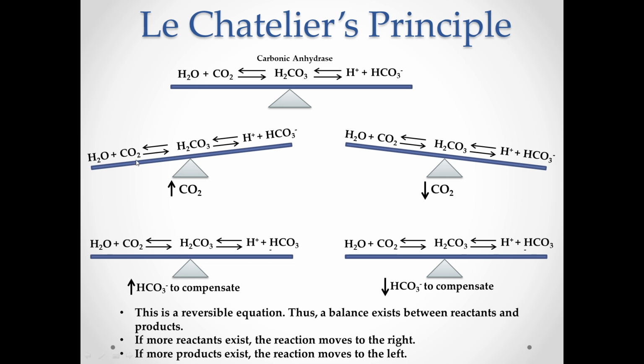And so the body's physiological response is to either increase or decrease the amount of CO2 within the system, or increase the amount of bicarb to compensate for that increased CO2. Alternatively, if the amount of CO2 in the system is decreased, then your body will decrease the amount of bicarb within the system to compensate.